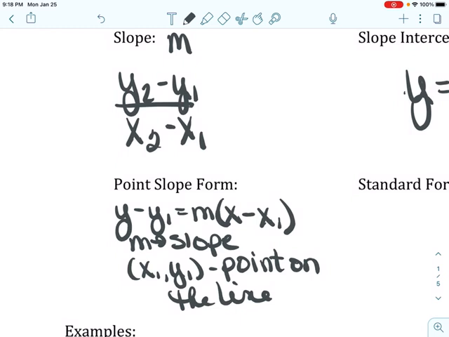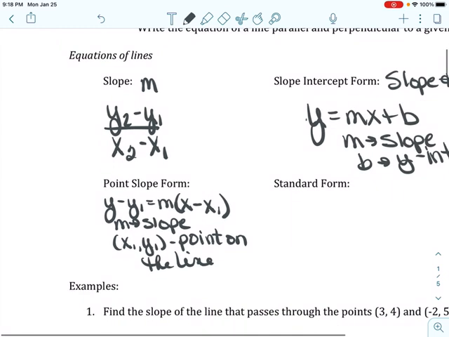Most people don't use this. It is totally up to you. You can use that in lieu of y equals mx plus b based on what you're given. It doesn't matter to me, whichever one is more comfortable for you. Just make sure you read the directions because it may ask you to write it in a certain form.